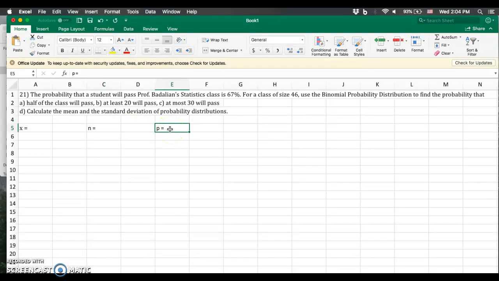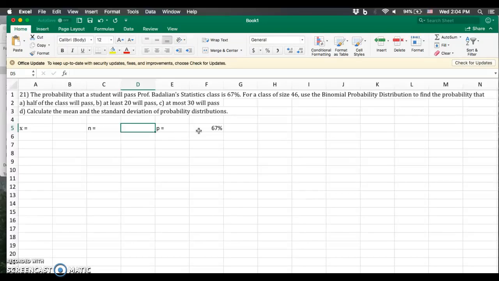P is the probability of something happening. So from the question, the probability that a student will pass Professor Badlin's statistics class is 67% for a class of size 46. Use the binomial probability distribution, so we know the probability, the P, is going to be 67%.